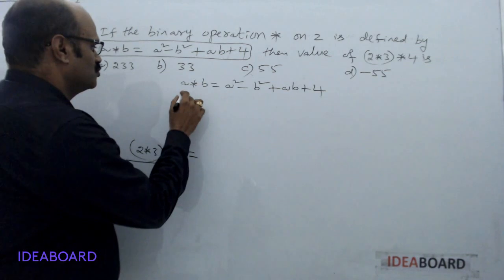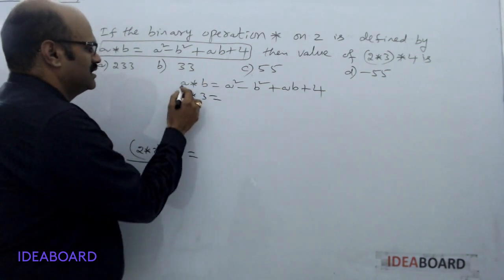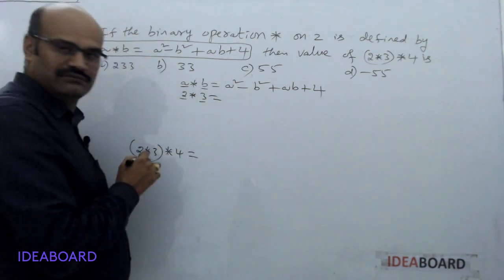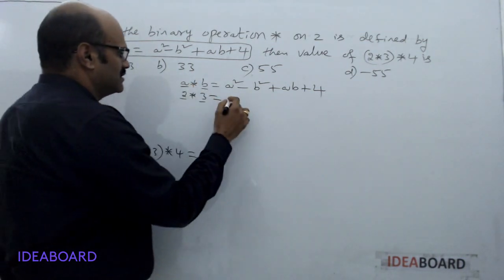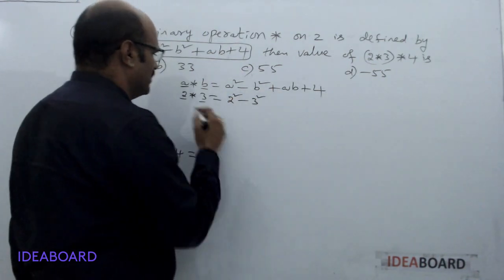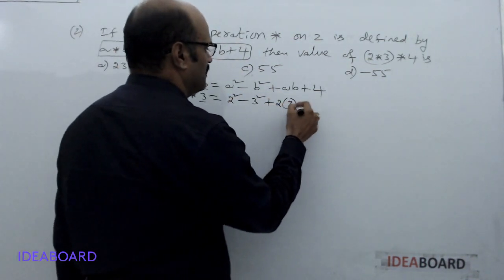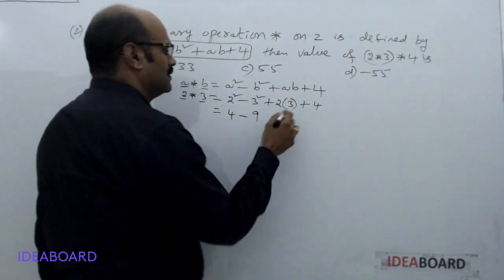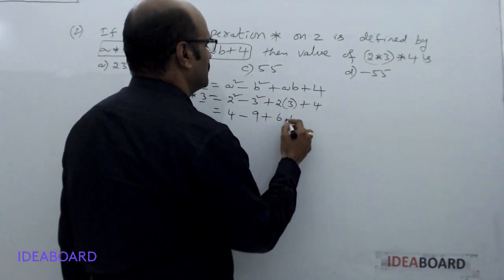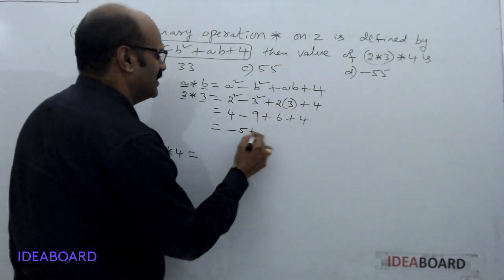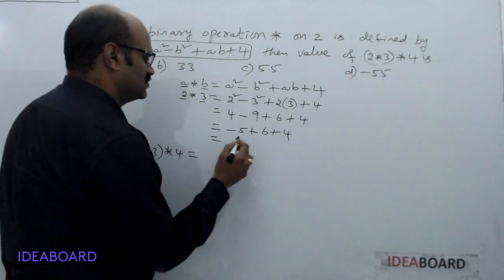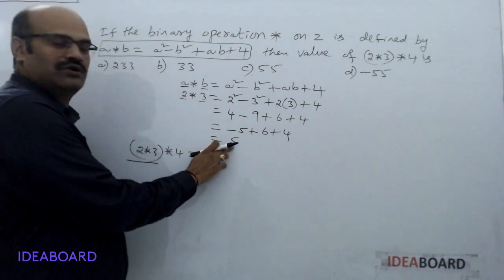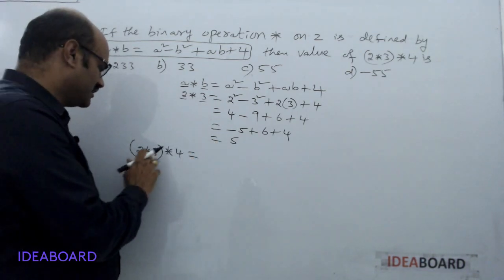So 2 star 3 equal to, in the place of A we have 2 and in the place of B we are having 3. So you can write it as 2 square minus 3 square plus 2 into 3 plus 4 equal to 4 minus 9 plus 6 plus 4, equal to 5. So here we are getting 2 star 3 equal to 5.